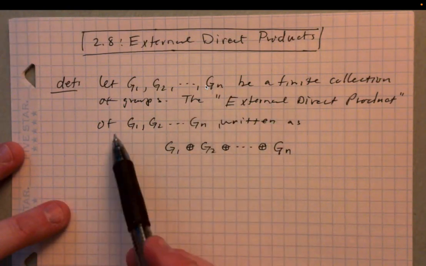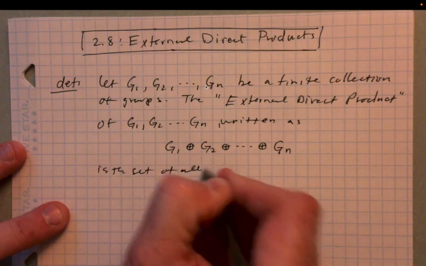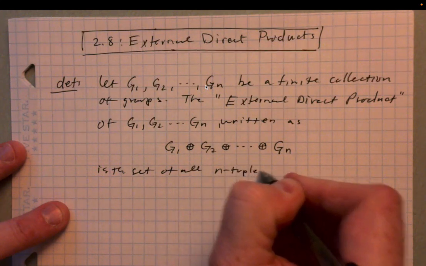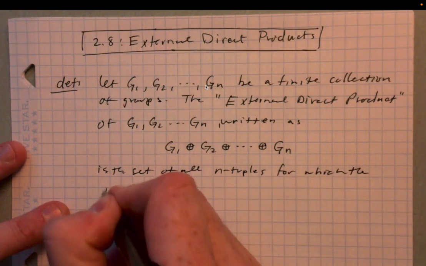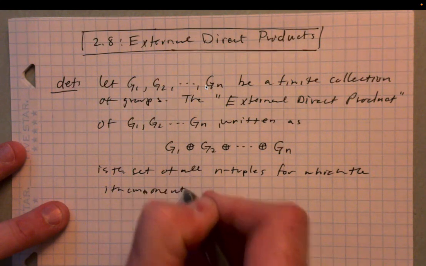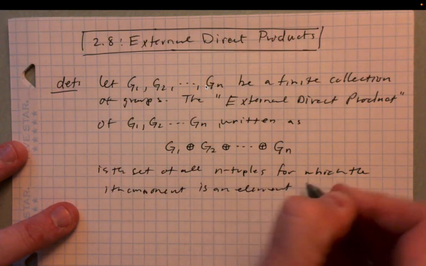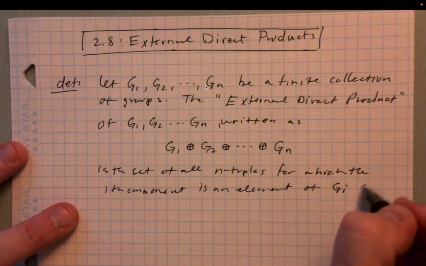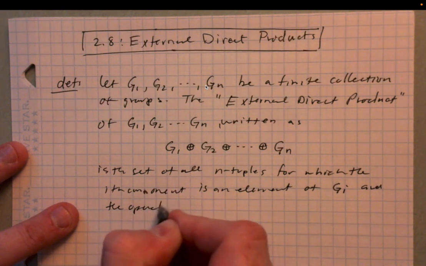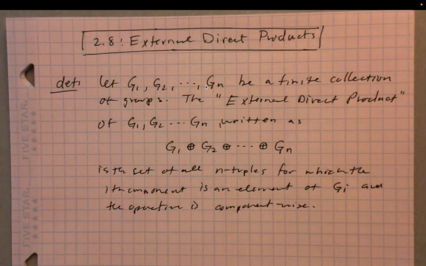The external direct product of these groups, G1 through Gn, is the set of all n-tuples for which the ith component is an element of the group Gi. And the operation is component-wise.